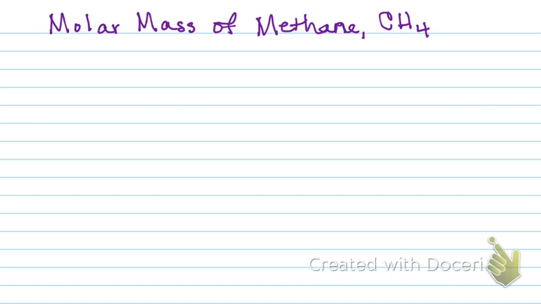So the molar mass of methane. In 1 mole of methane, I have 1 mole of carbon atoms, right? And my carbon has a mass of 12.01 grams per mole. Well, my hydrogen, I have 4 of them, okay?